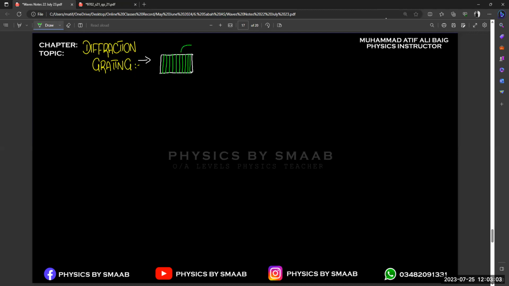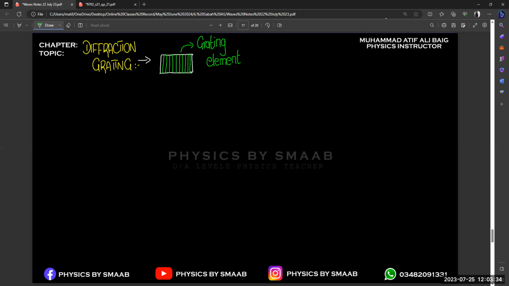Basically, a grating element is made up of plastic or glass which contains like 300 lines per millimeter, or 200 lines per centimeter. So as many lines as we can draw on that piece of plastic or glass will act like a diffraction grating element, right?